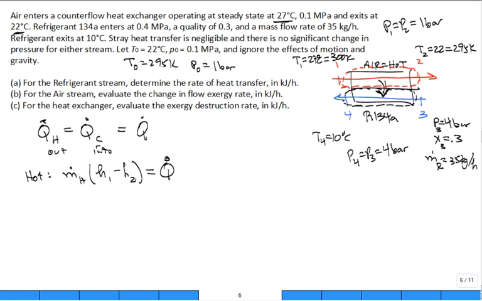Okay, so if we're trying to calculate Q dot, can I get H1 and H2? Can I get this H1 right here? What is the fluid? Air, at a temperature of 300 Kelvin. Can I get the enthalpy of air at 300 Kelvin? A lot of you are doing exactly what you're supposed to do, seeing if you can find it in the textbook appendix. What table would you like to go to?